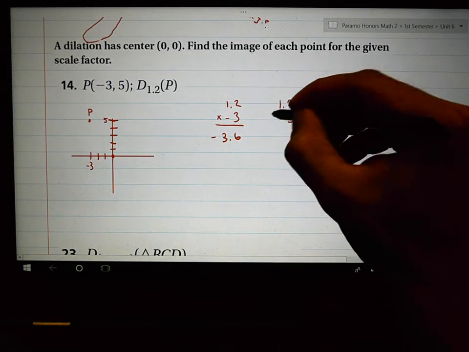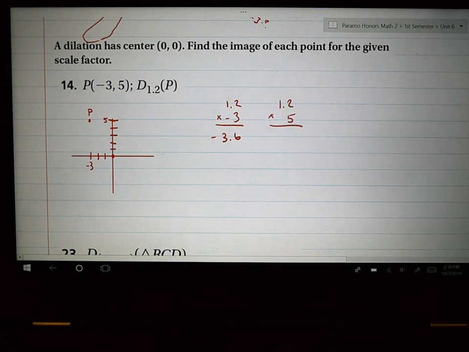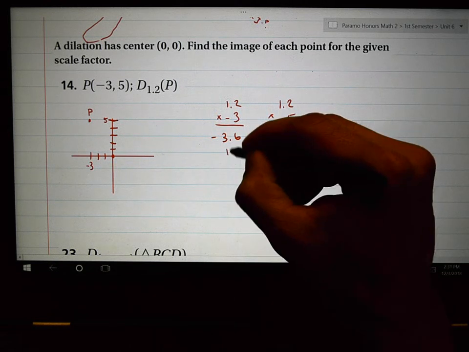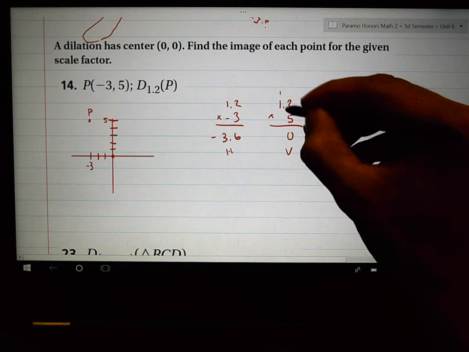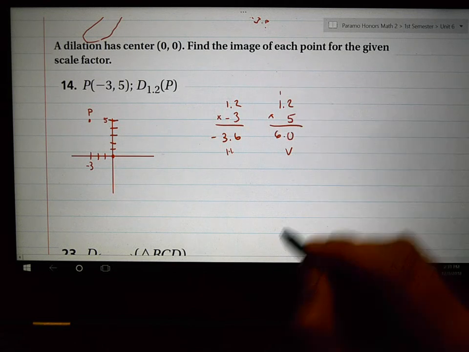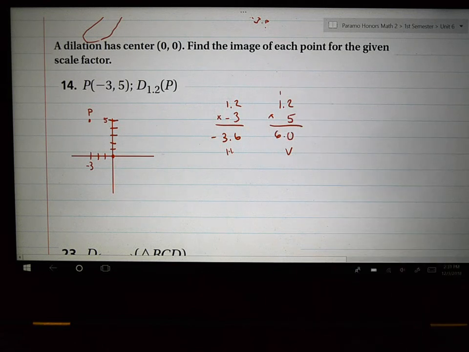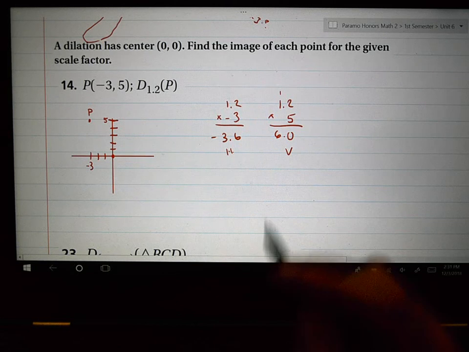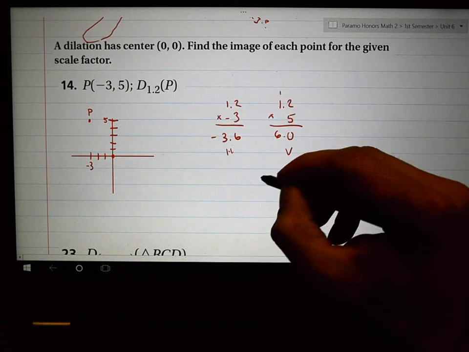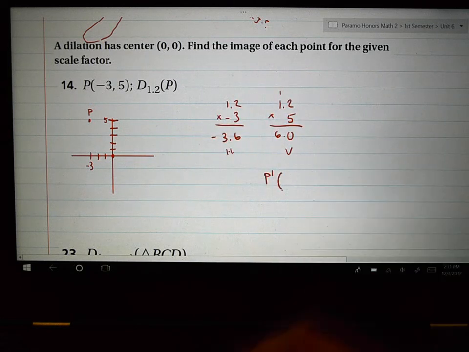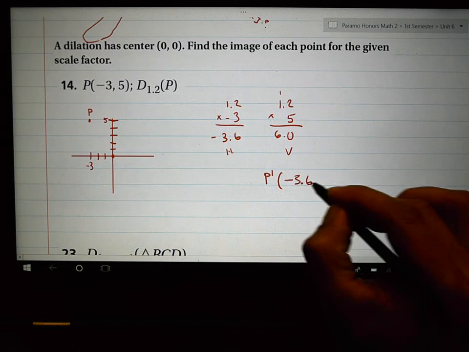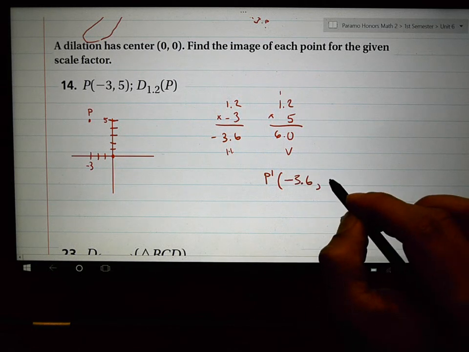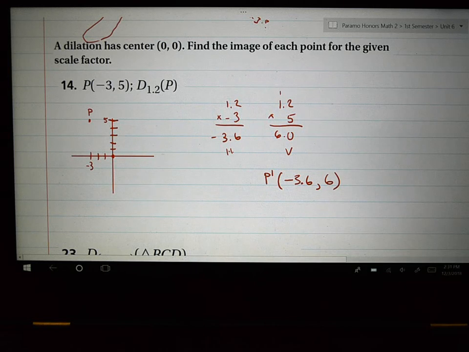I'm going to multiply 1.2 times the 5. This was the horizontal component, this is now my vertical component. That makes 6.0 in the vertical direction. Find the image of each point. So that means P prime is going to be at a new location. P prime is going to be at the location of negative 3.6, 6.